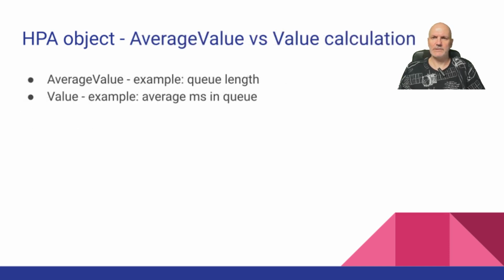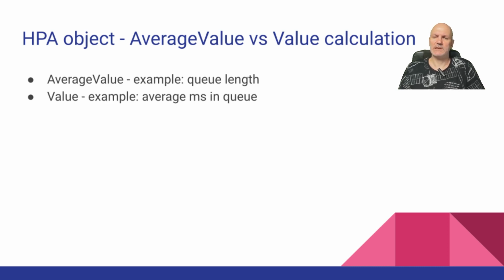As we are focusing on KEDA today, I will present some details on how external metrics-based HPA calculation works. There are 2 supported target types in external metrics API: average value and value type.